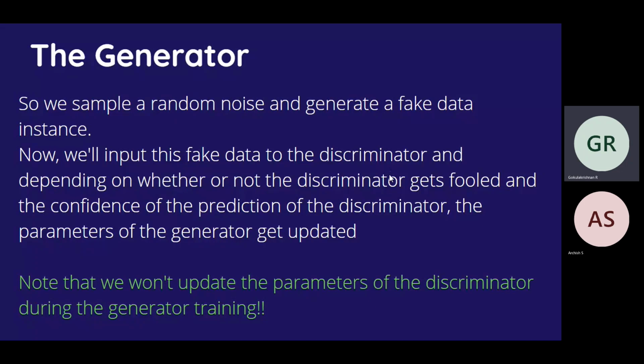We sample a random noise and generate a fake data instance, and then we input this fake data to the discriminator. Depending on whether or not the discriminator gets fooled, we'll update the weights of the generator.